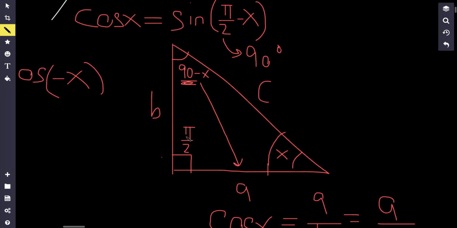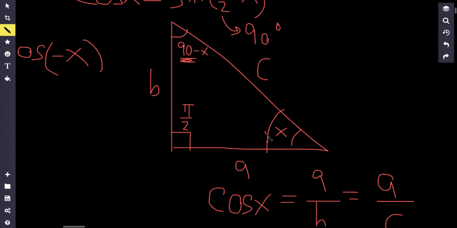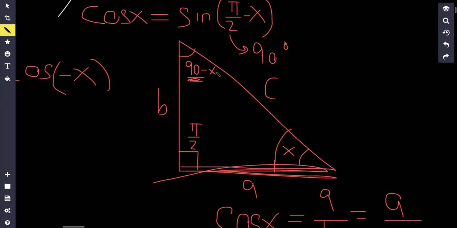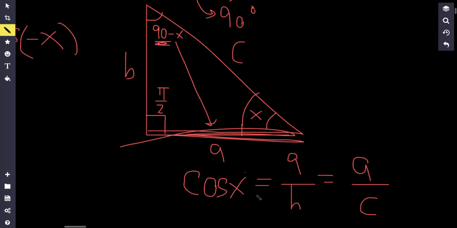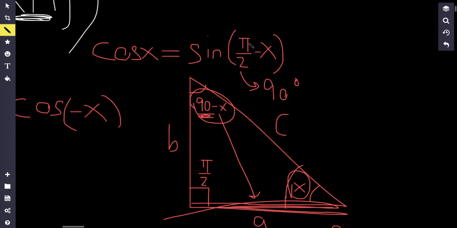The reason why is, think about it. For this angle x, the adjacent side is A. For this angle 90 minus x, the opposite side is A also. Because the opposite side of 90 minus x is the same side as the adjacent side for the angle x, cosine of x and sine of pi over 2 minus x have to be equal to each other.